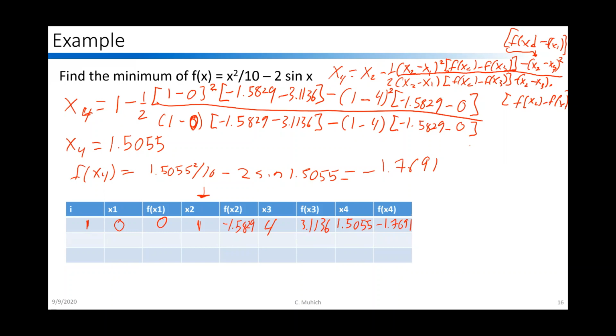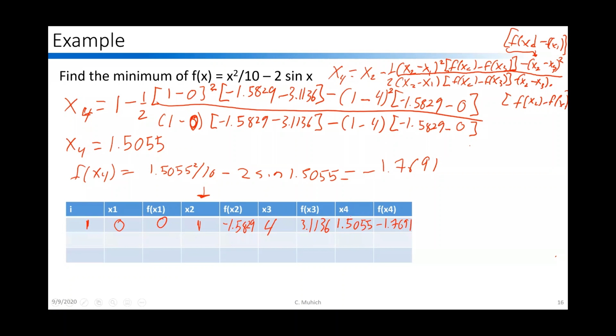Okay, so now that we have our estimate for what our new minimum is, we need to figure out which point to drop. Do I need to drop x1 or x3? So let's look at the values we have right now. I'm going to pull out x1, which was at 0, x2 is at 1, x4, because this is going to be in between, is 1.505, x3 is at 4.